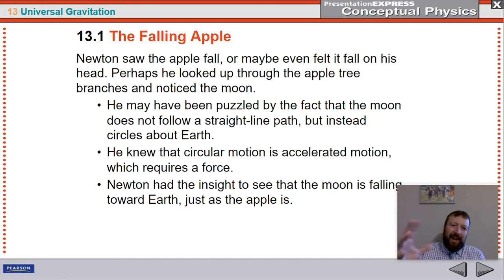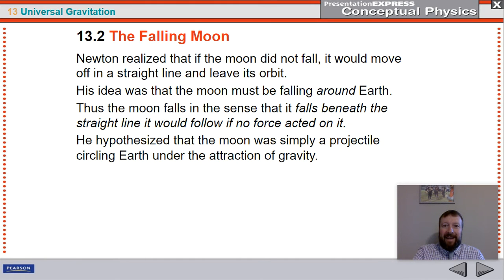I'm not going to get too much into the history behind it. You can look at the full PowerPoint and go to the videos that I have and get all of the history part of it. But whether he actually saw an apple falling or not, he comes up with his idea of gravity during the plague, where he was being quarantined, which is kind of familiar.